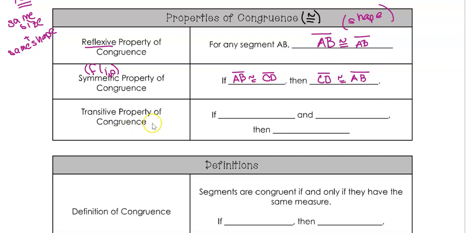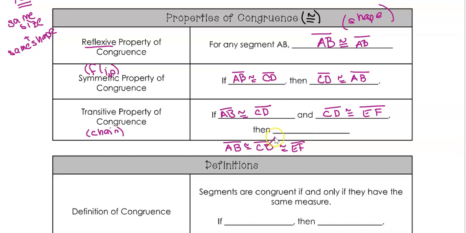And our last one was our transitive property. So this one was kind of our chain of statements. Our chain was what let us say that if we have segment AB is congruent to segment CD, and segment CD is congruent to segment EF, well, we now have a chain because we have here AB congruent to CD congruent to EF, if I put it all together.